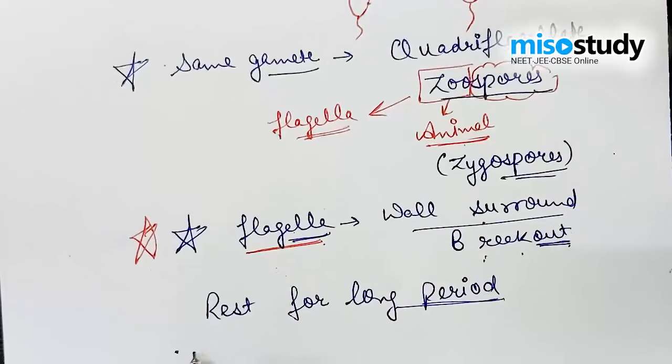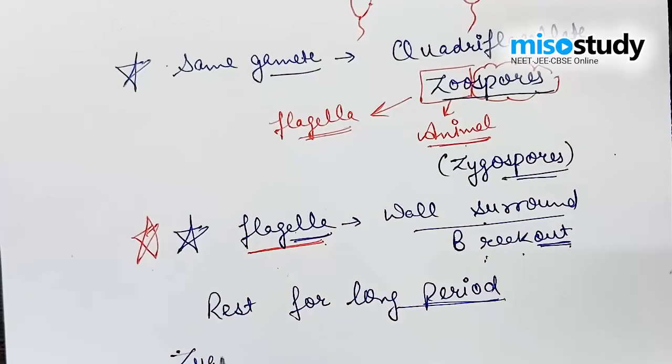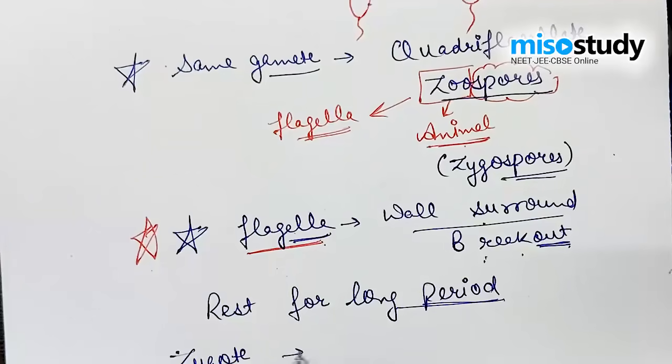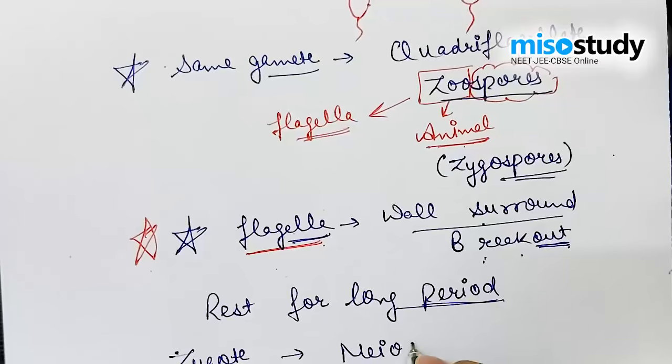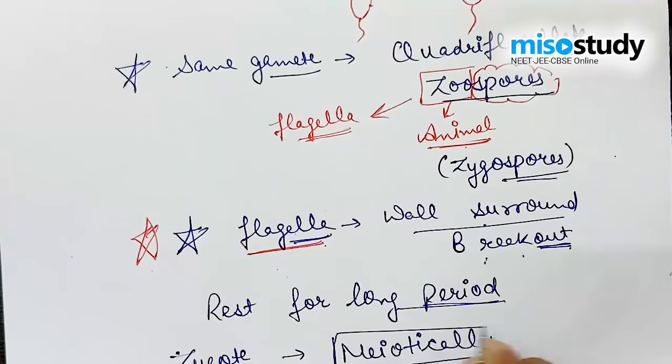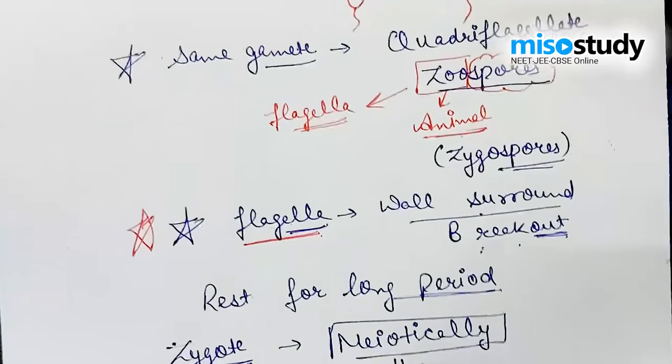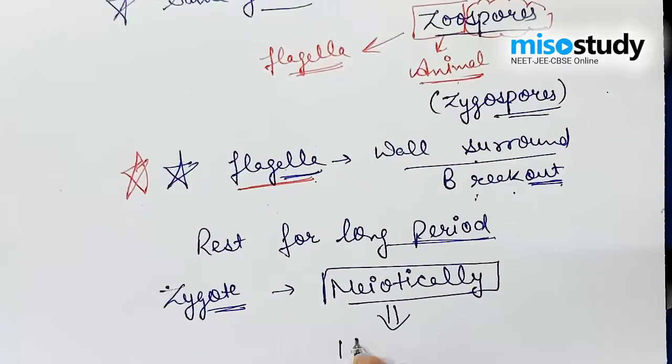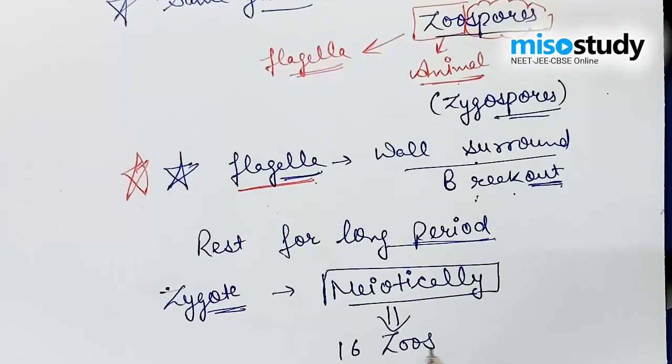The zygote of Ulothrix divides by meiotic divisions and produces basically 16 zoospores.